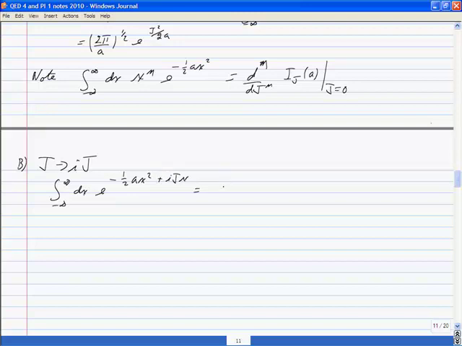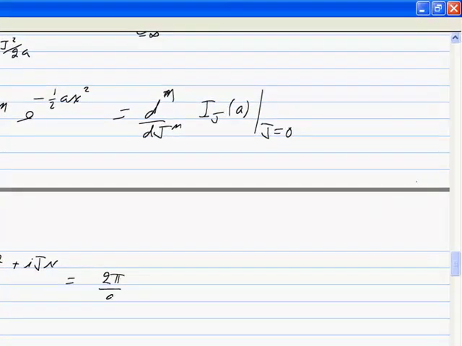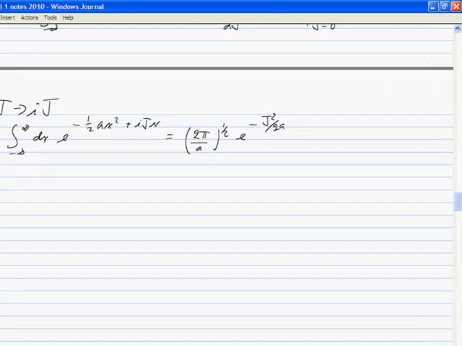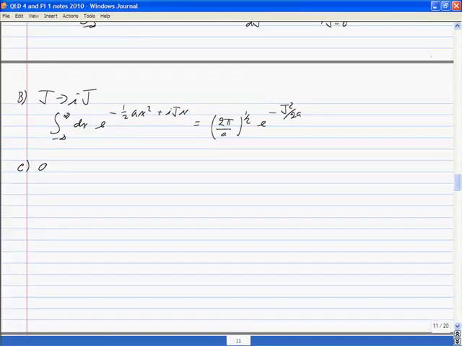Well, that's, again, 2 pi over a to the 1/2 e to the minus j squared over 2a. Okay, that's good. Next generalization, we're going to take a goes to minus ia.